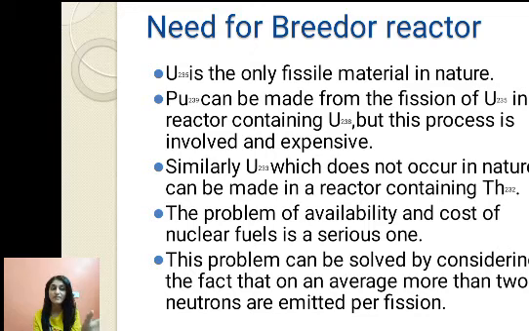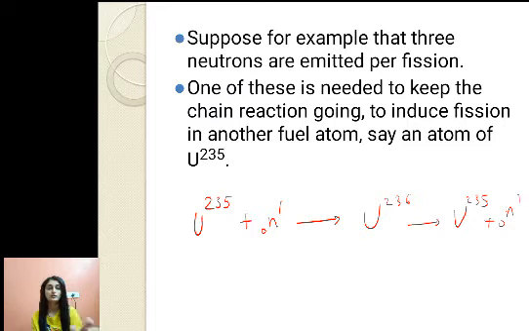So we have this facility of making some kind of fissionable material from the fuel itself. The problem of availability and cost of nuclear fuels is a serious one, and this problem can be solved by considering the fact that on average more than 2 neutrons are emitted per fission. Suppose we consider the chain reaction of nuclear fission of uranium 235.